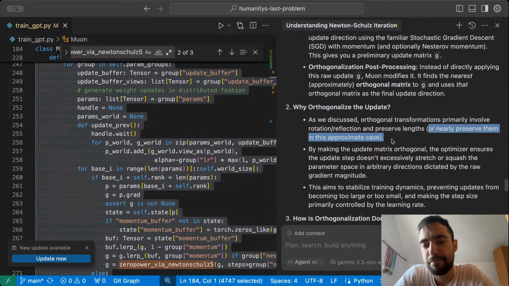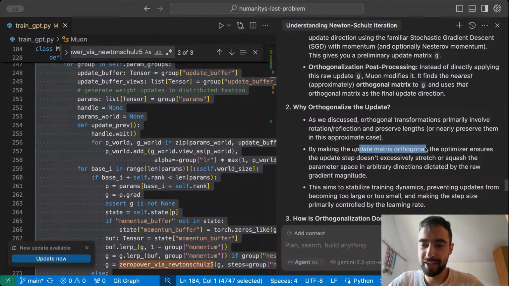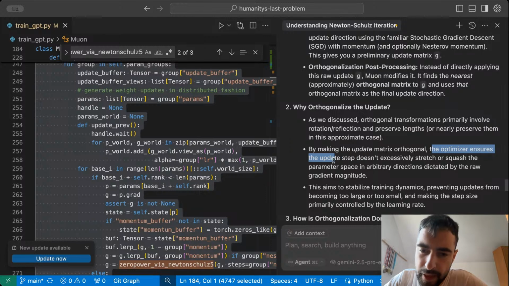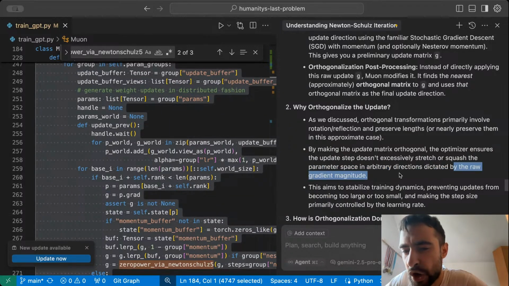Yeah. By making the update matrix orthogonal, the optimizer ensures the update step doesn't excessively stretch or squash the parameter space in arbitrary directions dictated by the raw gradient magnitude.